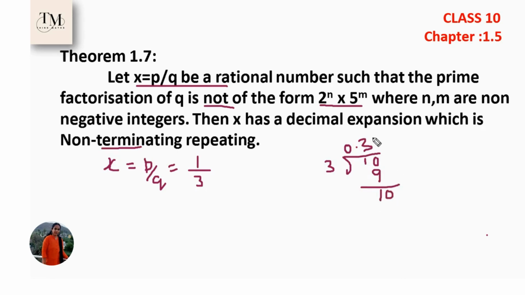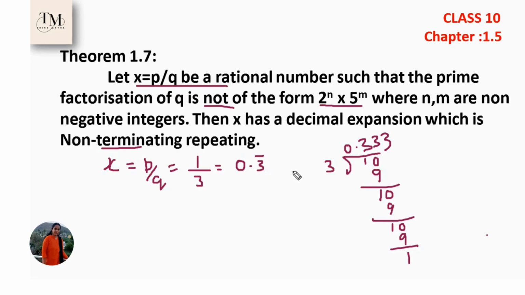Adding 1 0, 3 3s are 9. Again 1, adding 1 0, 3 3s are 9. So this will be repeated without end. So we can write it as 0.3 bar. This bar means this 3 will be repeated without end.